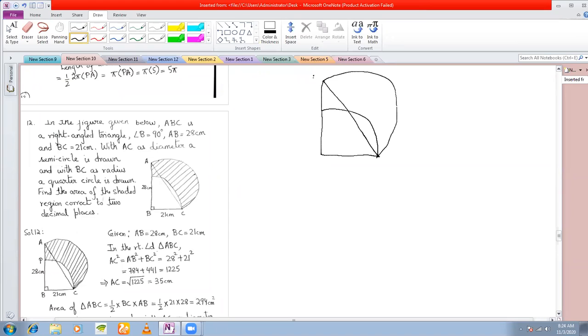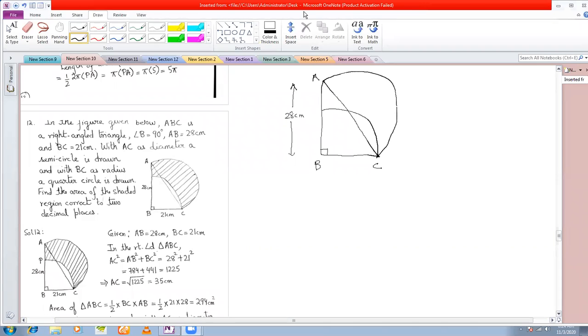It's a rough sketch of the figure. ABC is a right angle triangle. Okay, so this angle is 90 degrees. And AB is 28 centimeters. So this entire length is given.